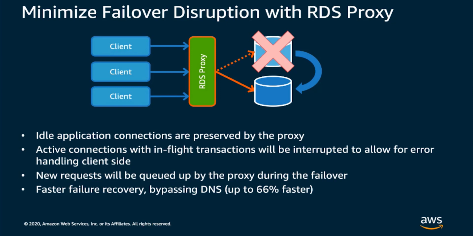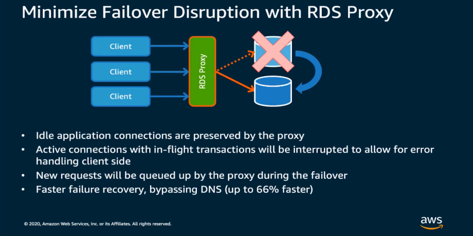Whenever we are using RDS Proxy, we don't need to wait for DNS propagation to happen. RDS knows your standby instance, and your applications can connect to your new primary instance. During this failover, if there are any connections coming from the application, RDS Proxy can hold those connections for you. So you don't need to resubmit your requests from the application.